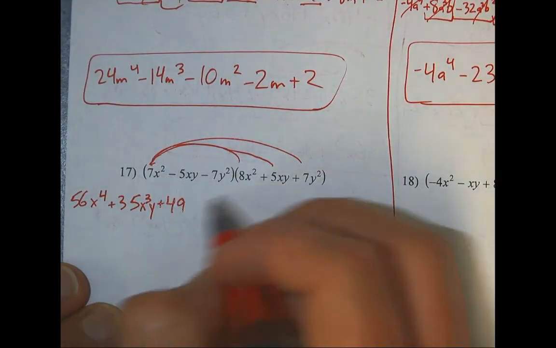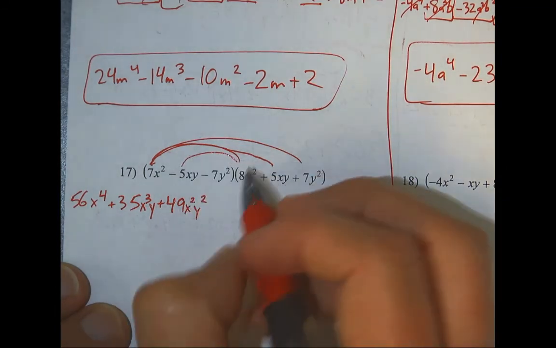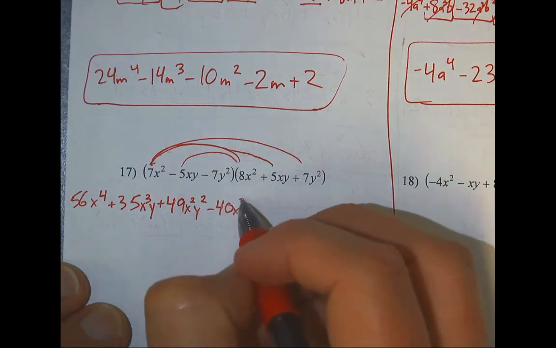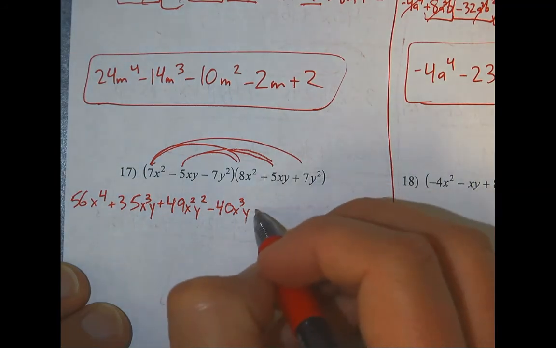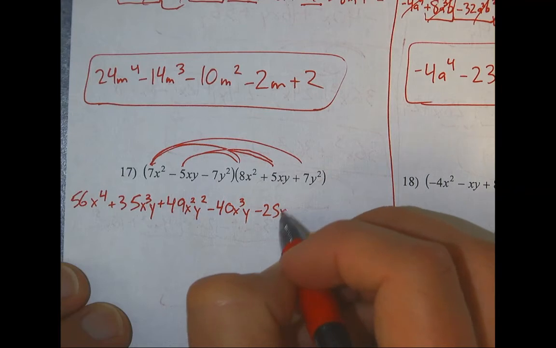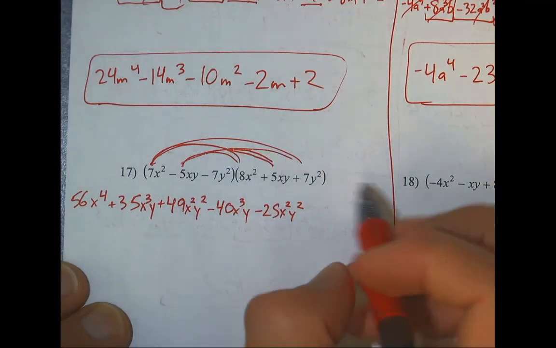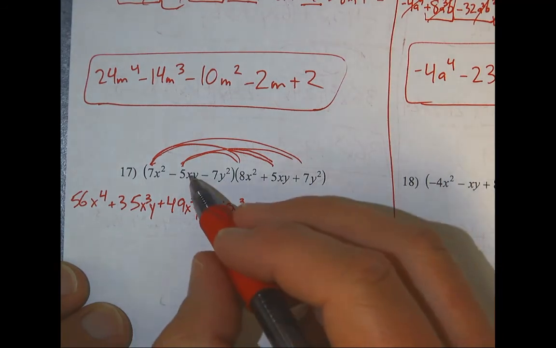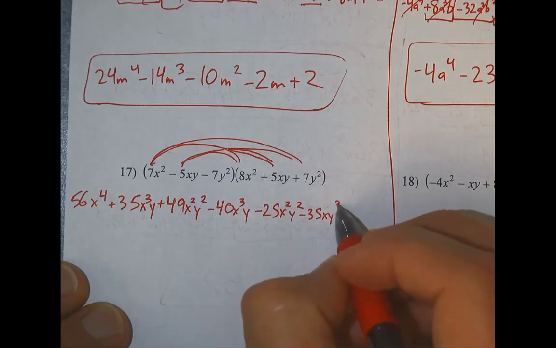X squared, y squared go together. x to the third and the y. Negative 25. X times x, y times y, so x squared, y squared. And down here, negative 35. X, and then y times y squared is y to the third.